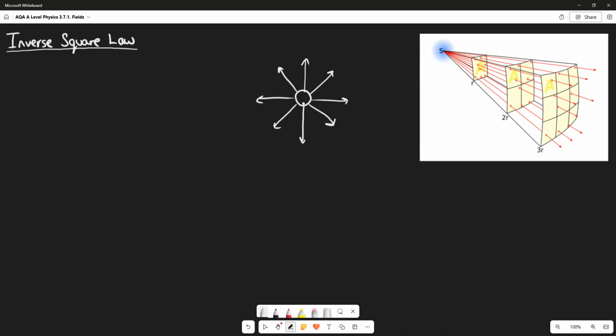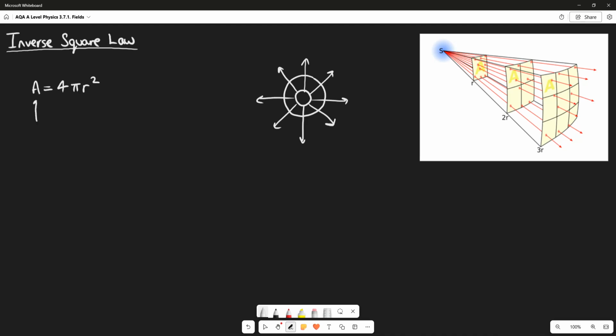And if you imagine that this diagram was in 3 dimensions, then these field lines will be coming out in 3 dimensions. And the equipotential lines would be describing the surface of a sphere. The surface area of a sphere is given by 4 pi r squared, r being the radius between the centre and the surface.